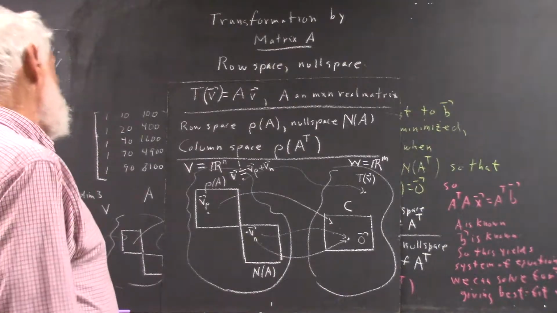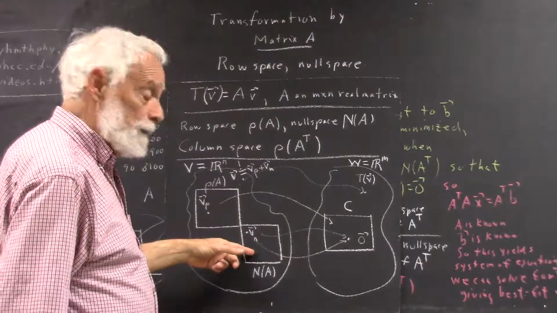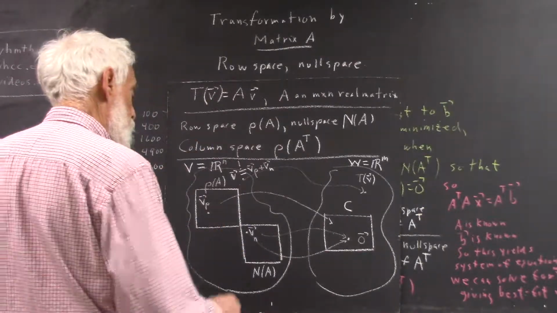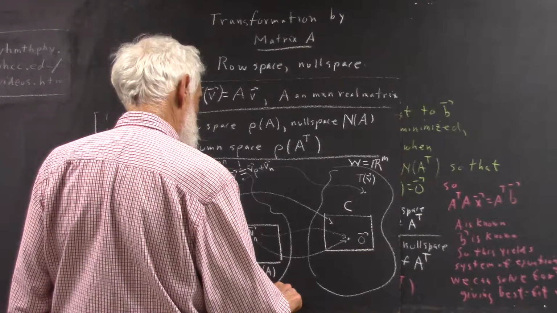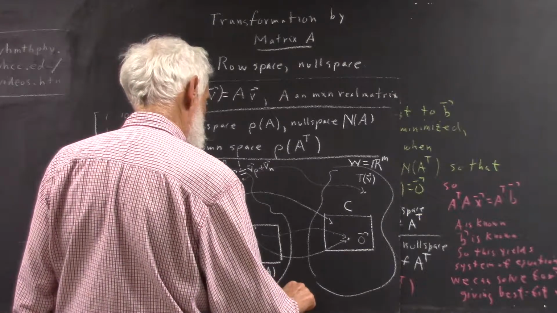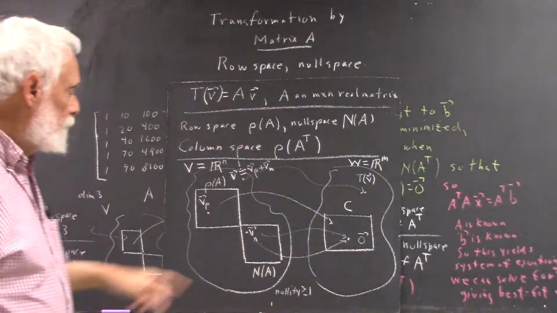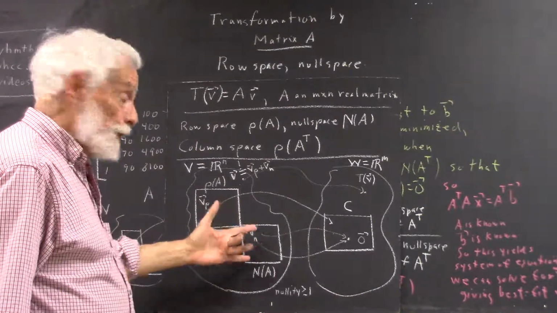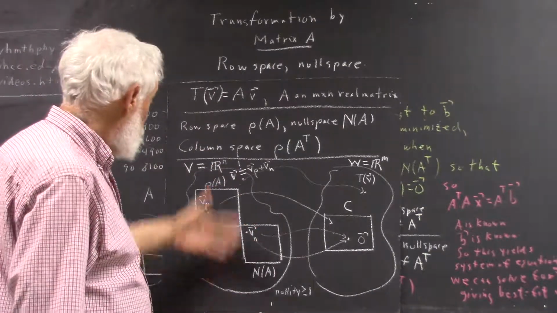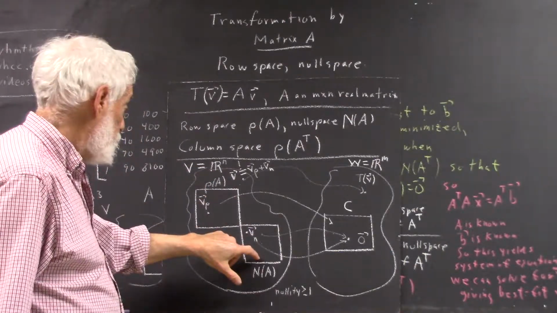So, again, assuming that the null space of A has dimension greater than or equal to 1, there are infinitely many vectors here that will add up to different vectors in Rn, none of them in this or this.